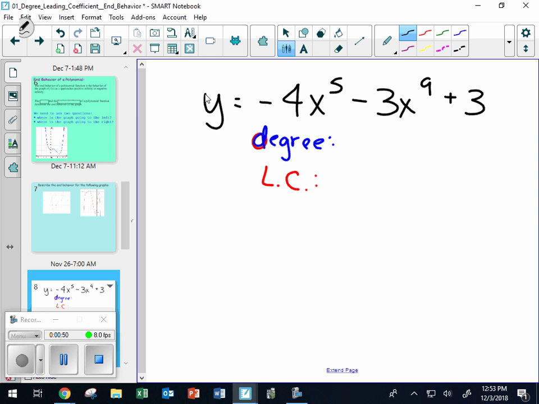And once you have done that, I will also be writing another polynomial up on the board that I would like you to find the degree and the leading coefficient for.